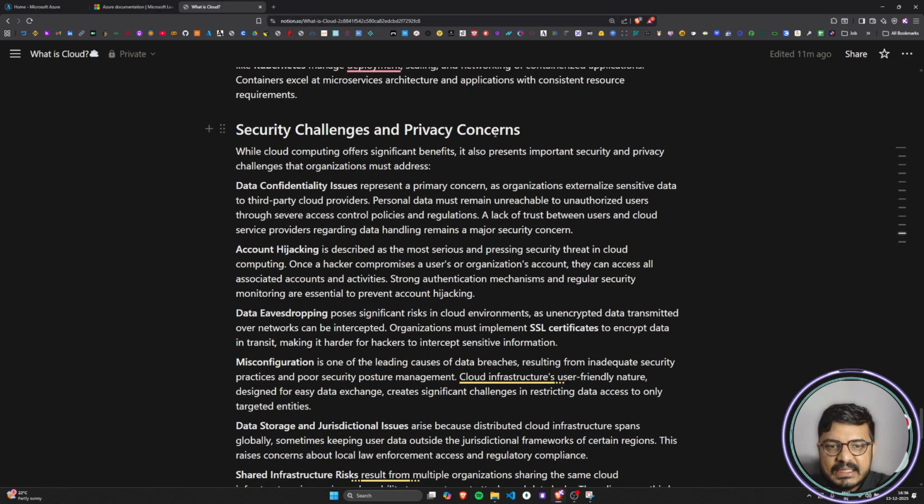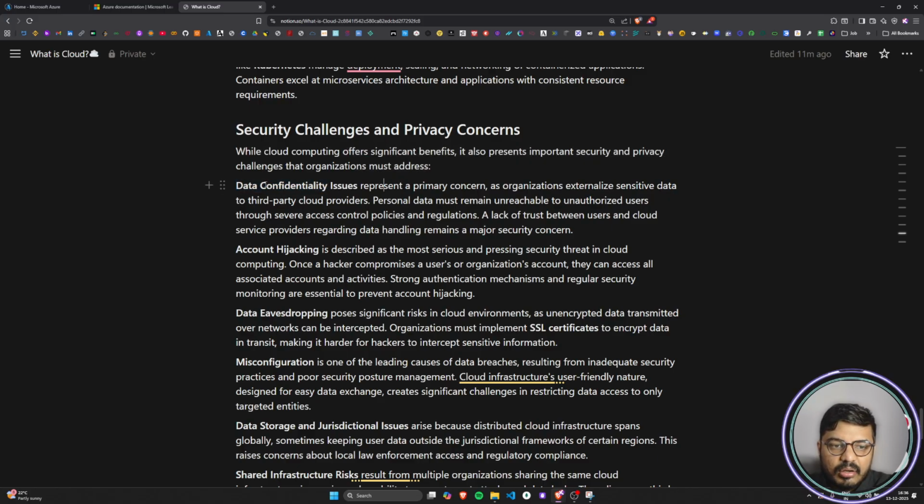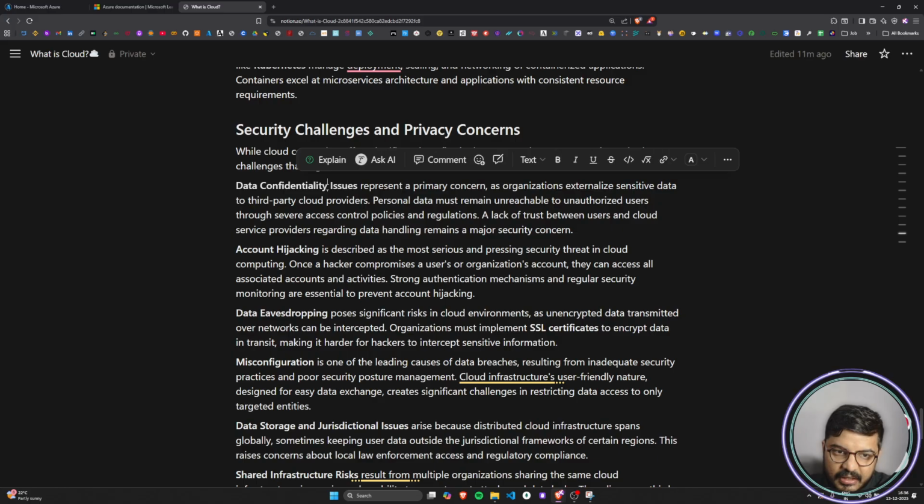Now the security challenges and privacy concerns. The first thing is data confidentiality, which means the security of the data, basically.